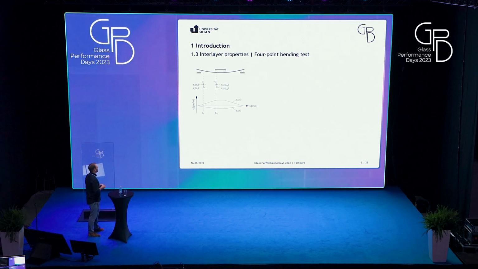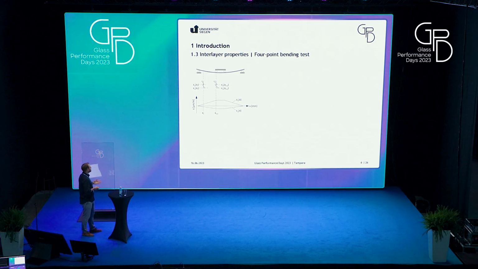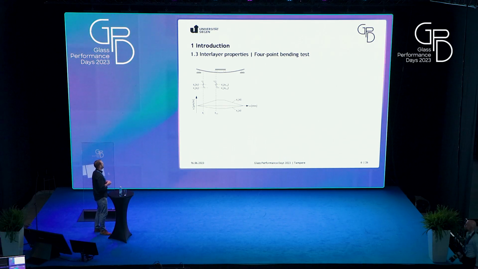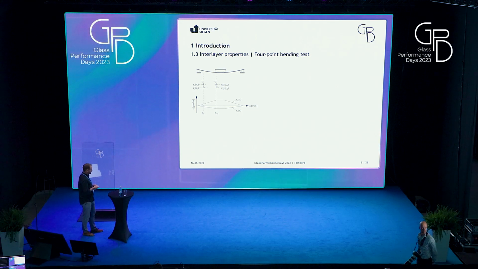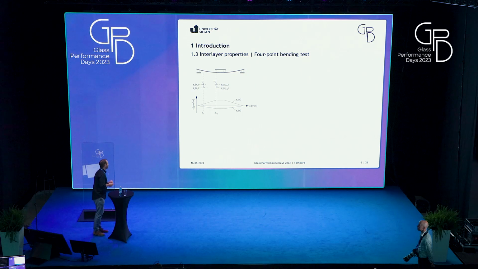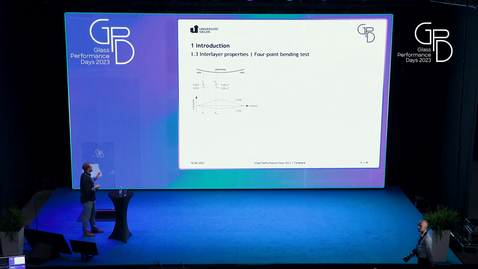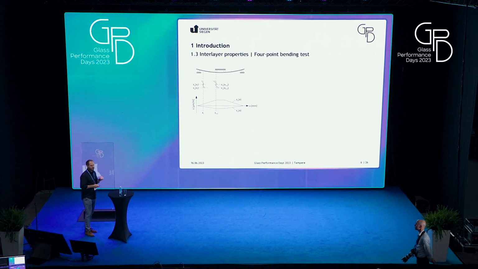The 4-point bending test sometimes shows some differences between the interlayers. On the left, we have a deflection curve, the bending line, and the state of stress shown below. The diagram shows the strain above and below the bottom glass pane.